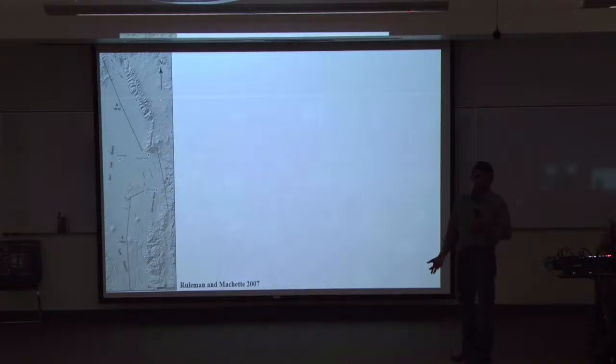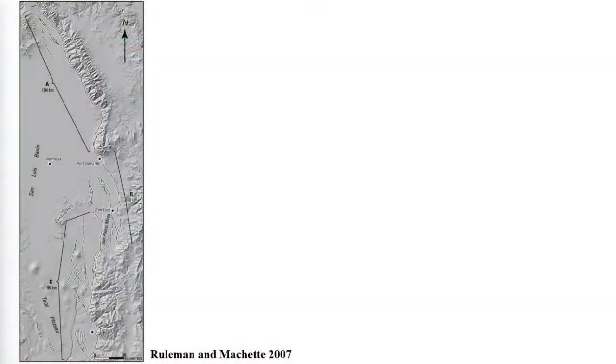It's actually a two-dimensional image, but it gives you a sense of high points and low points in the image. These are the Sangre de Cristo range, and this is the Culebra range. And all along the mountain front, you can see this black line, which is the Sangre de Cristo fault. So that's causing the mountain range to rise.